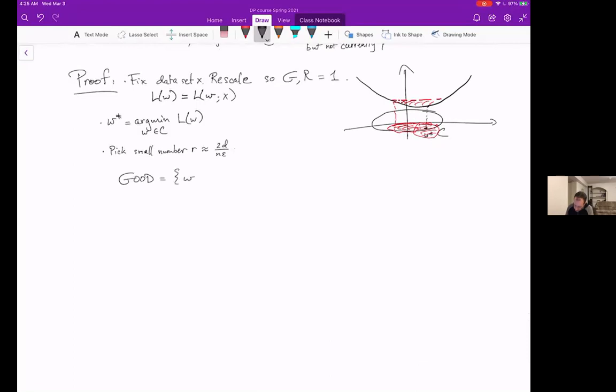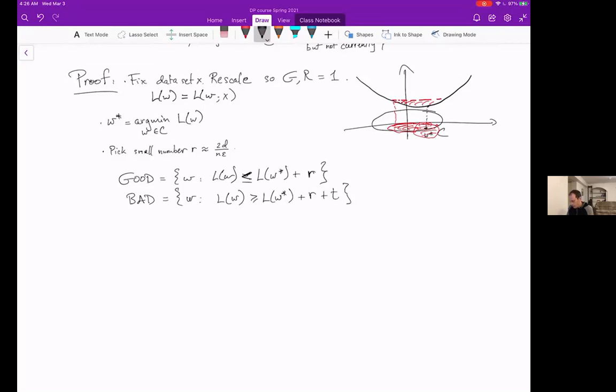These are the W's where the loss is at most whatever the optimal value is plus little r. And the bad set, these are the W's where the loss is at least that thing plus t.